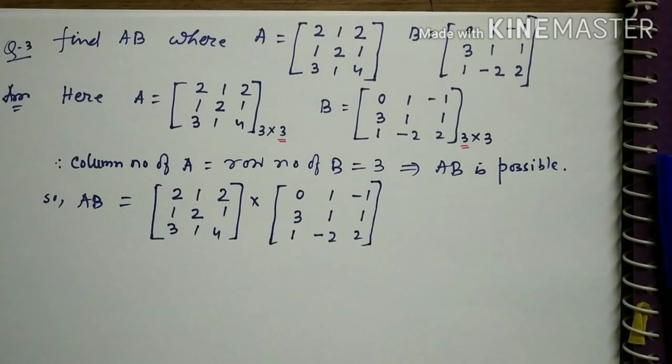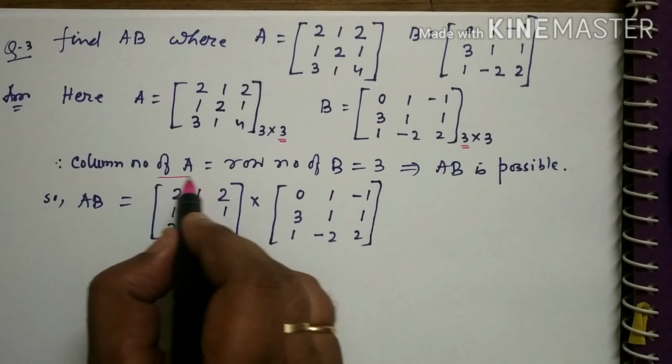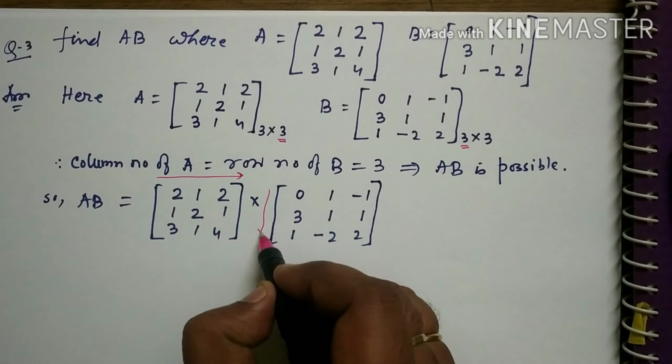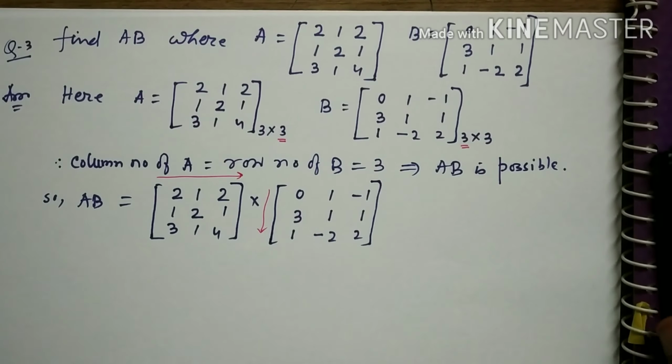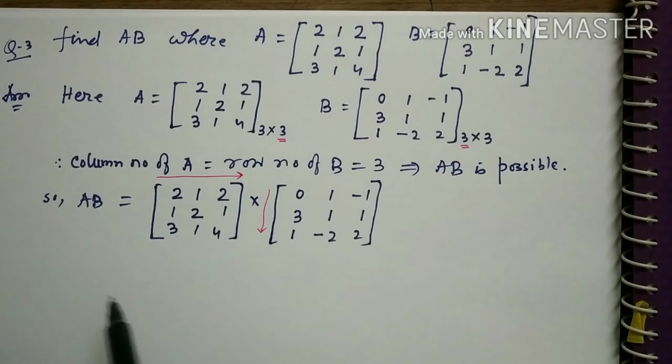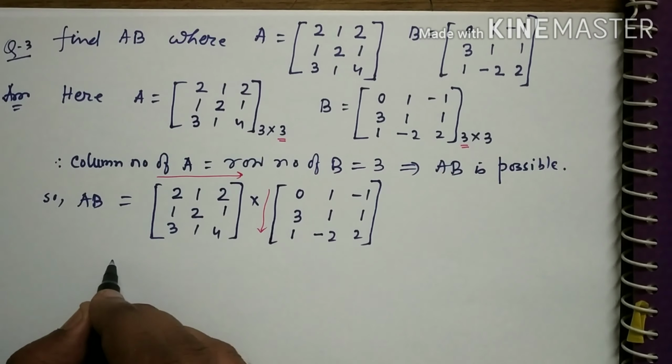Same logic: you should write row wise, then column wise. Try to understand carefully.